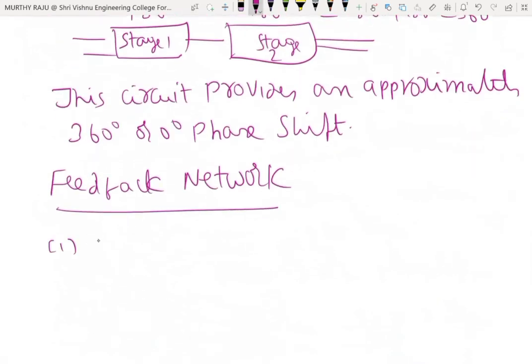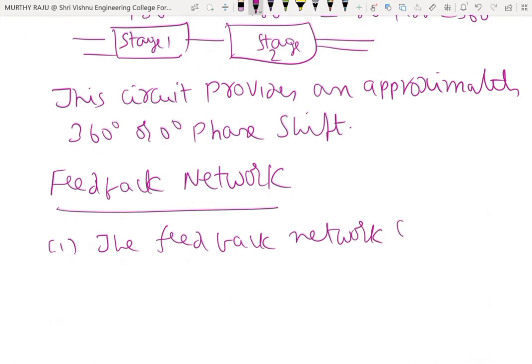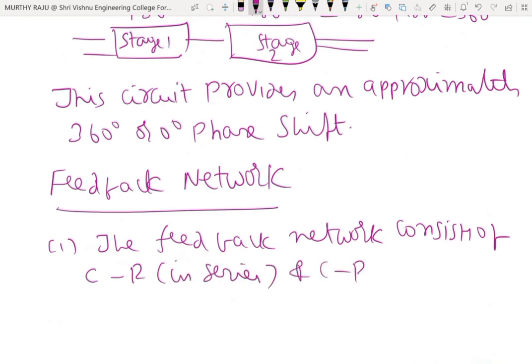First point here is the feedback network consists of C, R in series connection and C, R in parallel connection.